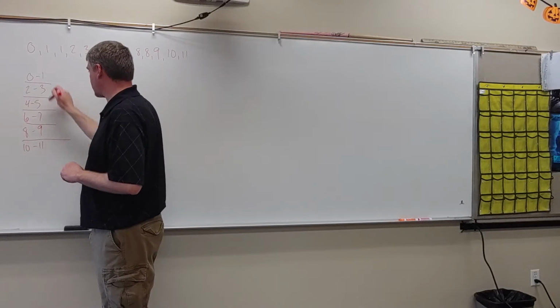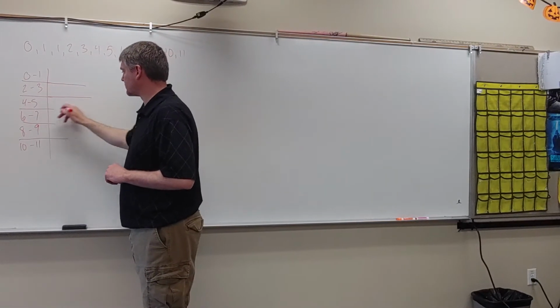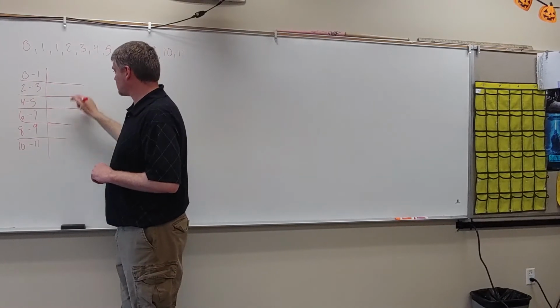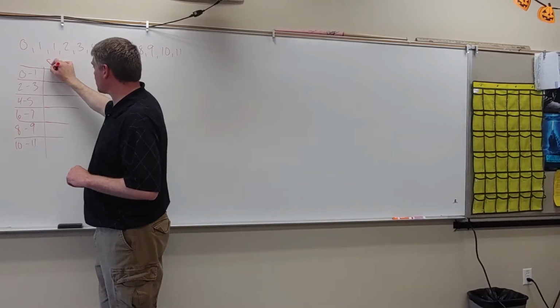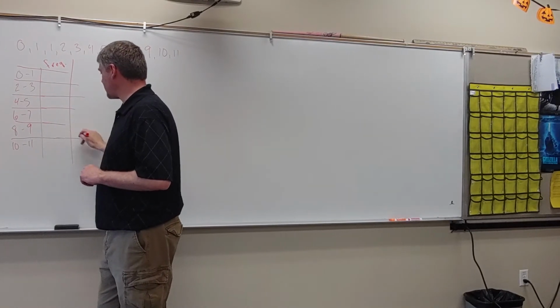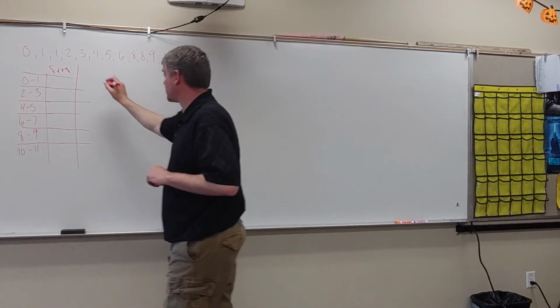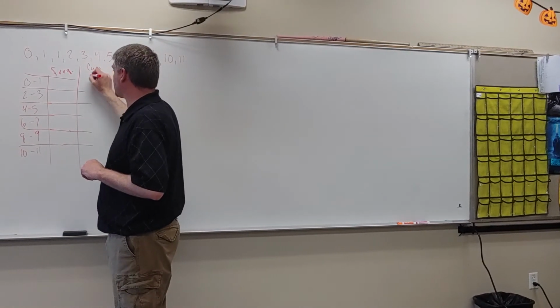And we're just going to kind of create this frequency table here. So this will be the frequency. And then we're going to create another column over here that is going to be our cumulative frequency. Okay, so cumulative frequency.